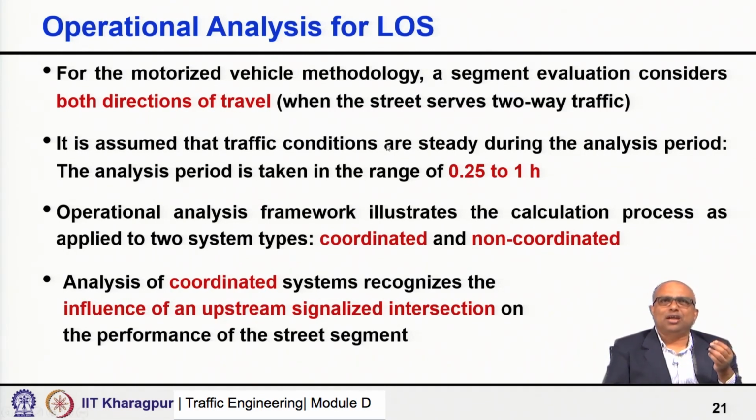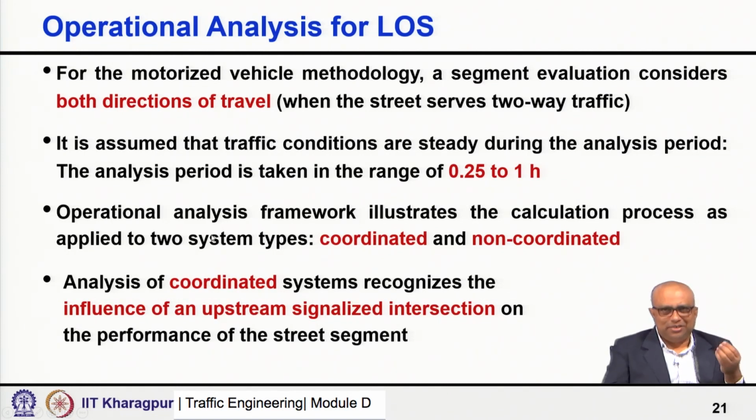Also, it is assumed that traffic conditions are steady during the analysis period, no systematic change happens during that analysis period, though stochastic variations will anyhow be there. Typically the analysis period is taken as 15 minutes to 1 hour. In most cases we take even 15 minutes, but the range is actually 15 minutes to 1 hour.